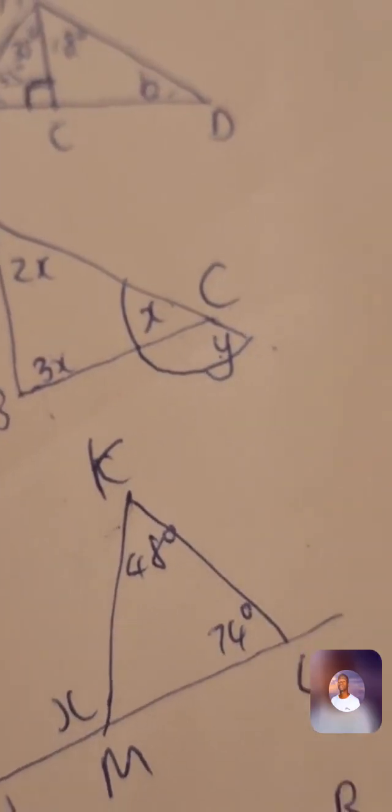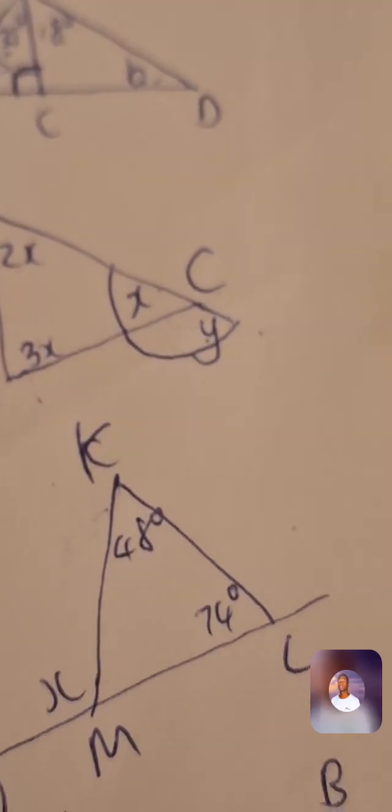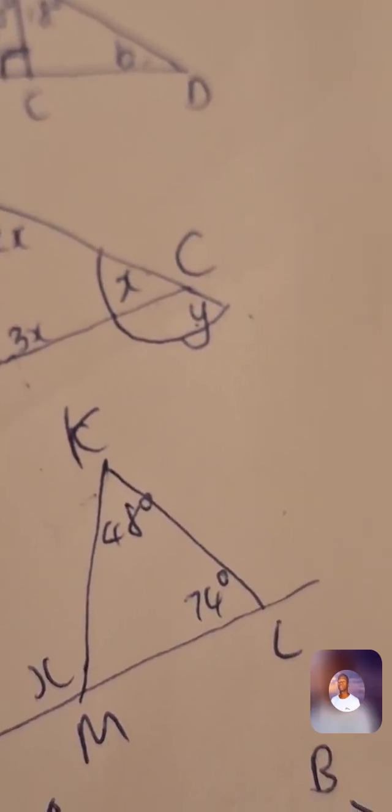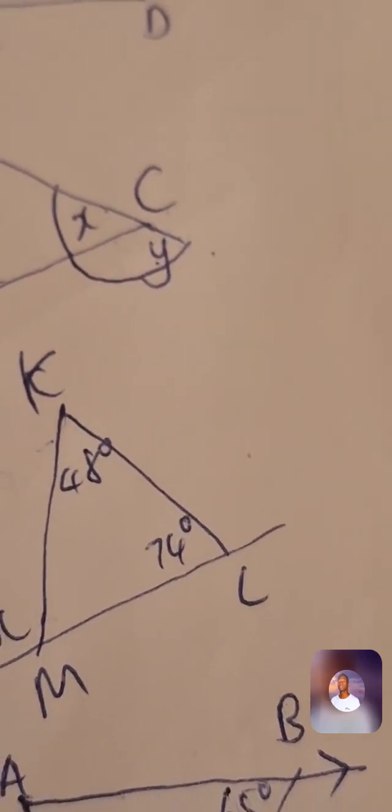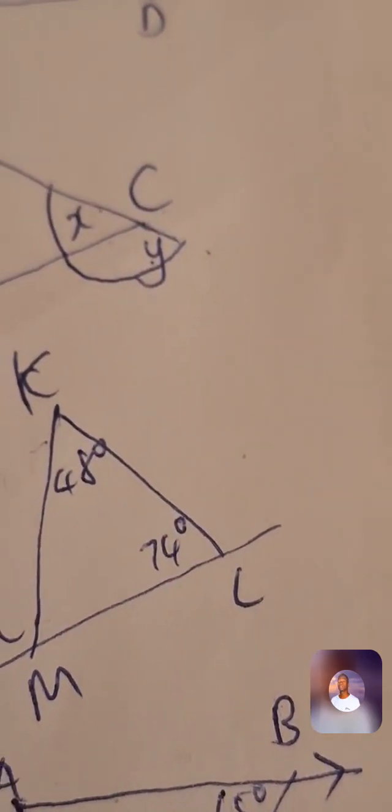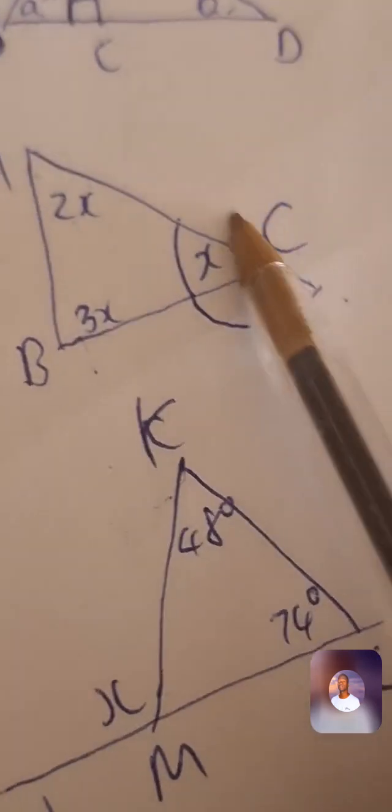So x plus y is equal to 180, angles on a straight line. And then we use the value of x, which we know already is 30. We transpose the 30 degrees: y is equal to 180 degrees minus 30 degrees, which gives us 150.